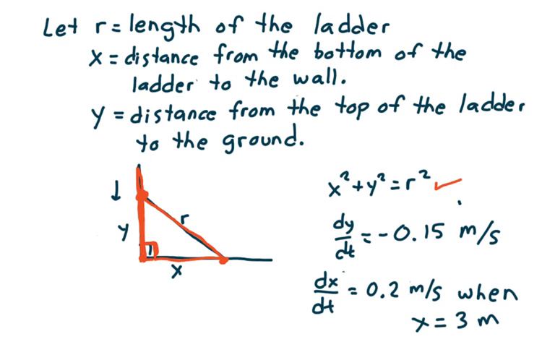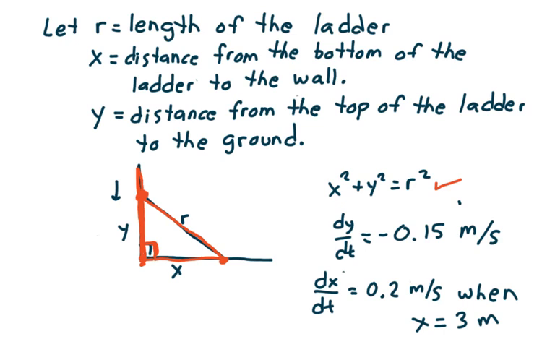Now, notice that the ladder is sliding down the wall, right? So the distance between the top of the ladder and the ground is getting smaller, because the ladder is sliding down. And so that tells me that dy/dt is negative 0.15 meters per second.